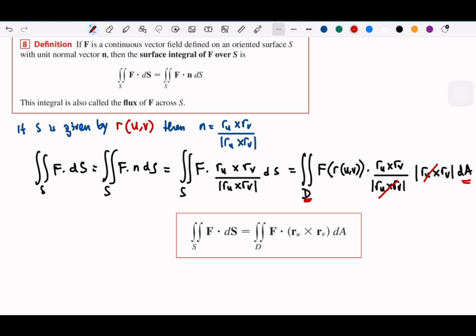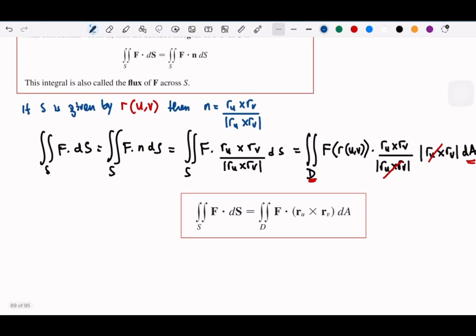And if you compare the similarity with line integrals, when we define the line integral of a vector field, maybe it's easier for you to remember that this is very similar to the line integral of f dot dr, which is based on f(r(t)) dot r prime(t) dt.